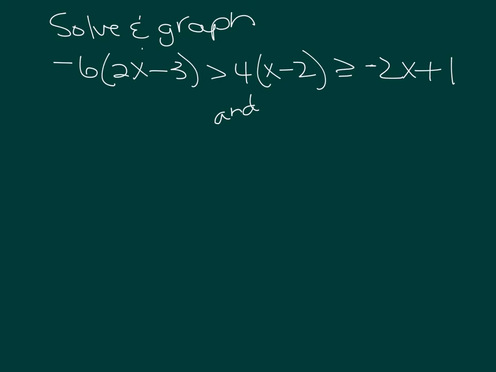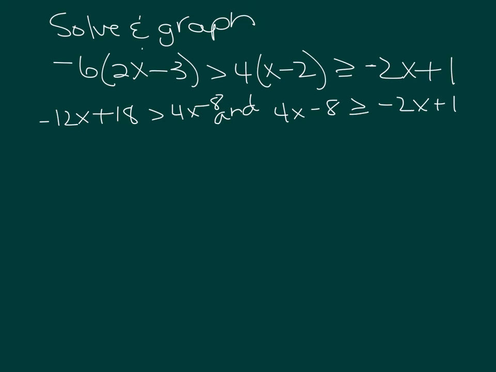And as I split it in 2, I'm also going to go ahead and do the distributive property. So on the left side, I have negative 12x plus 18 is greater than 4x minus 8. And then if I split the other half, it would be 4x minus 8 is greater than or equal to negative 2x plus 1. So there's my 2 inequalities that I have to solve.